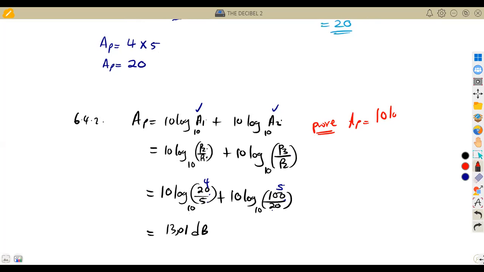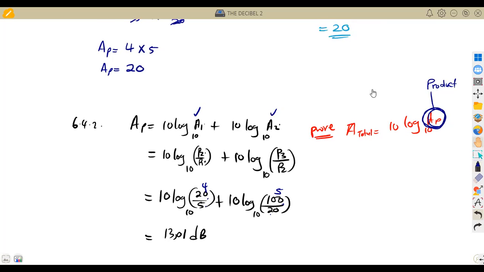Let me write it as A total so that you don't confuse me if I say AP again. We are saying the overall gain, our A total in this case is going to be 10 log of AP in base 10, whereby this AP is the one that you got from the product.